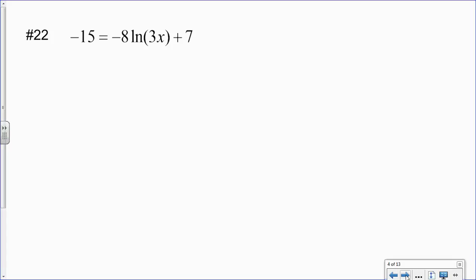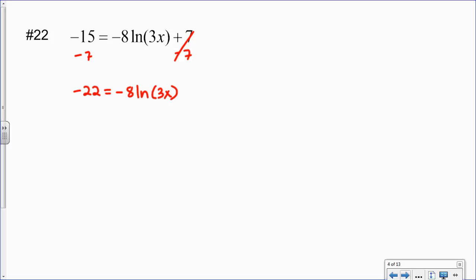Okay, Hannah Singer, what would I do first? Subtract 7. Good. Okay. So my x is inside that natural log function. I need to get the natural log by itself. Okay.